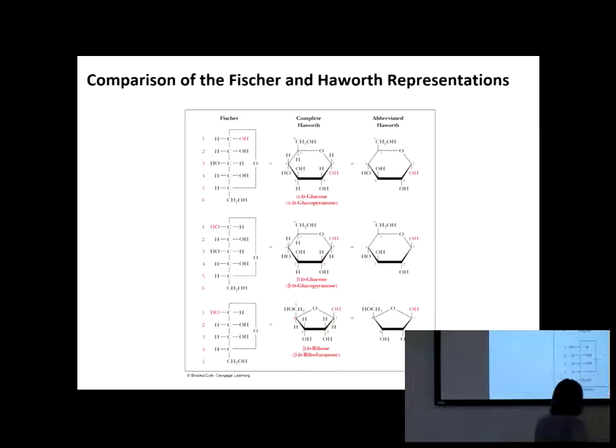if I said write D-glucose, and I don't say Haworth projection, what I would do is: glucose is 6 carbons, 1, 2, 3, 4, 5, 6 carbons. The first one is an aldohexose, so you know that about glucose.